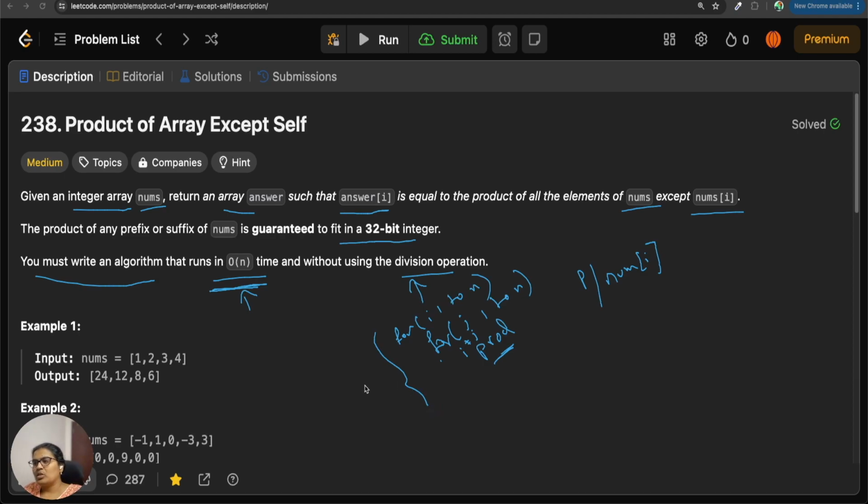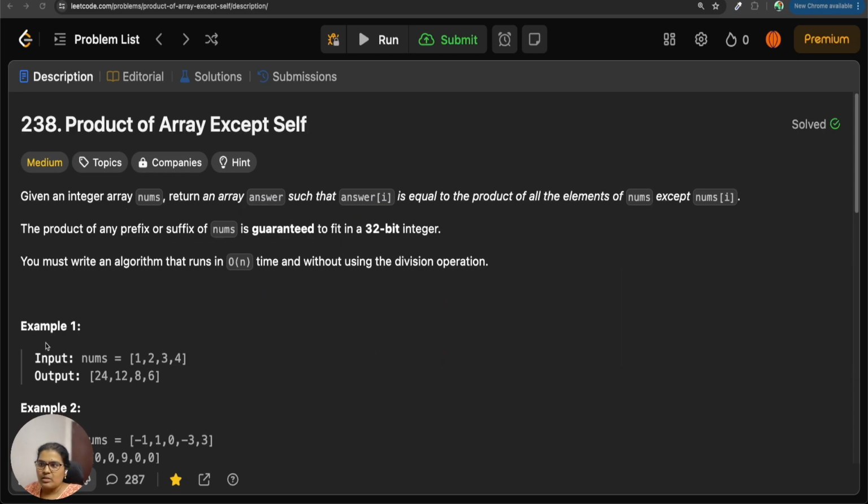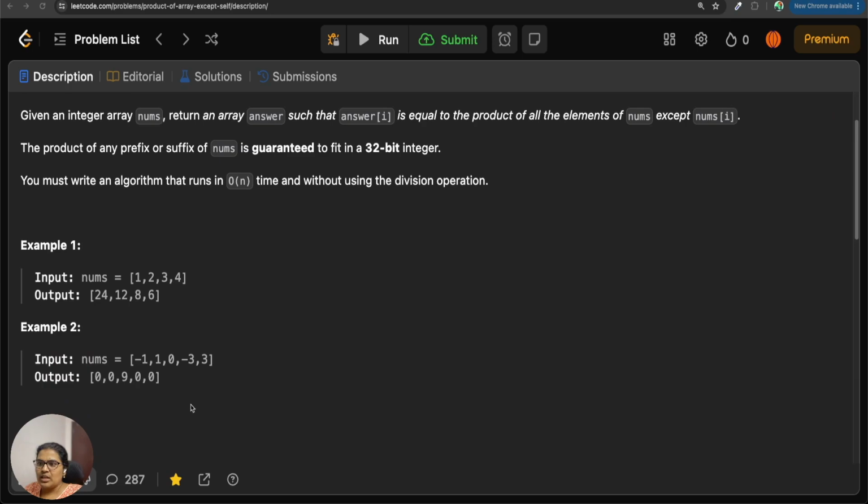Okay. So let's look at the given examples. Let's understand the problem first. The given example says the input array is 1, 2, 3, and 4. And the answer is, at position 0, the answer would be 2 into 3 into 4, which would be 2 3s are 6, 6 4s are 24.